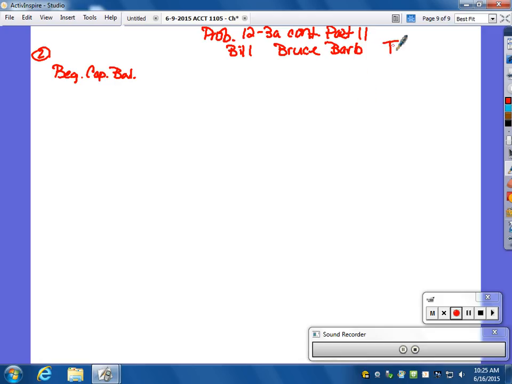Beginning capital balances should be what? 0. Zero. Their initial investments are their own money. But the beginning balance, everybody knows is 0 before investments. But you have to list the investments on the statement.